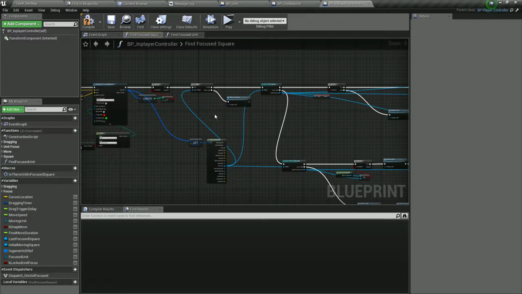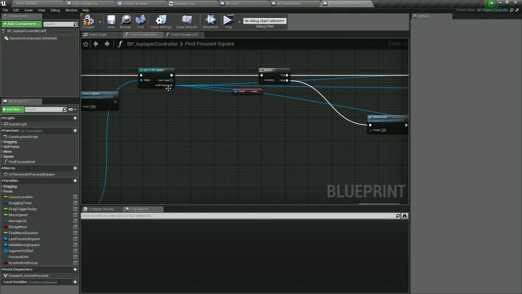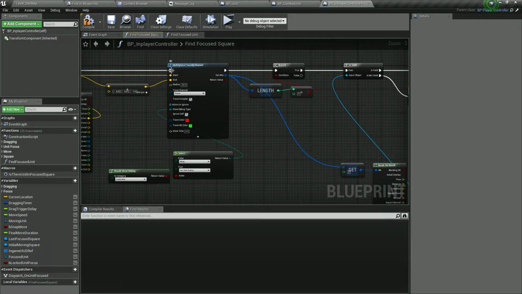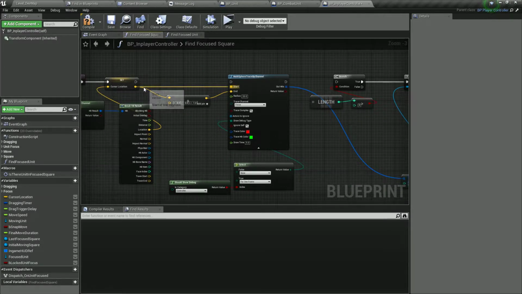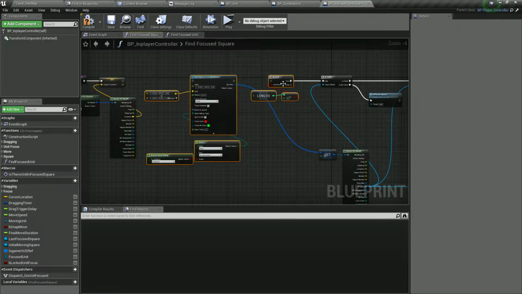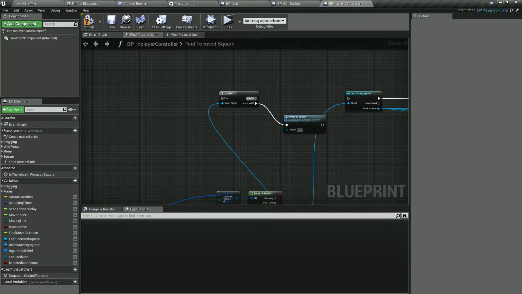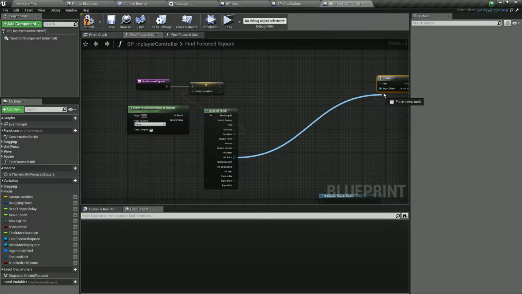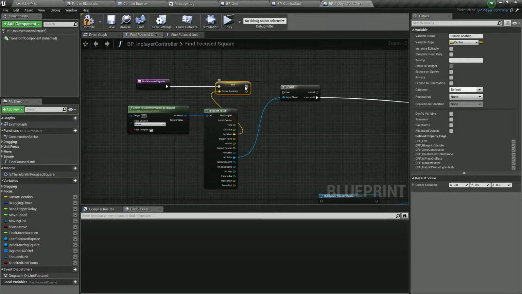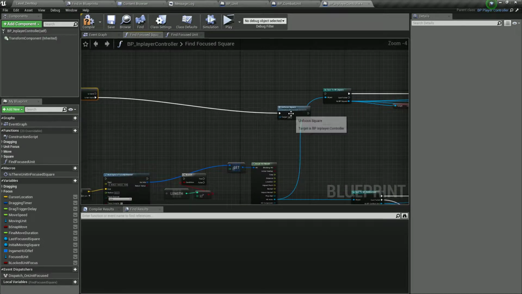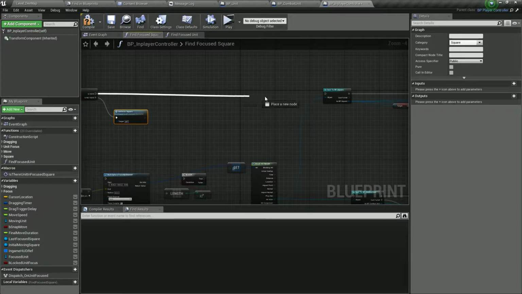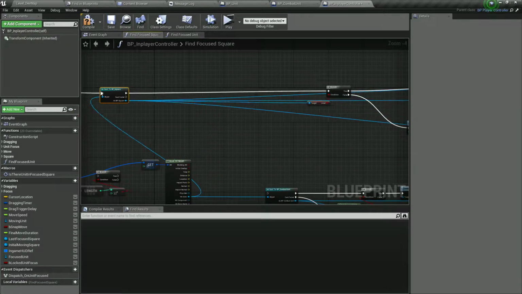In there we never want to do anything if we're not hitting a square, and we don't want to do a multisphere trace by channel. We don't want to do this. We only want to get the cursor location like this. So we want to check if this actor is valid, and if it is not, we're going to not focus any square.